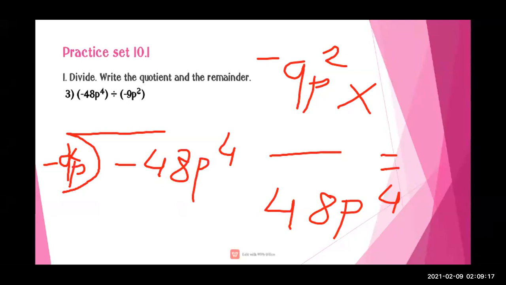In the 9 table, 45 is coming, not 48. So that time what you are going to do? See here. Now you have to take one number that should cut by 9. Which number you will take?